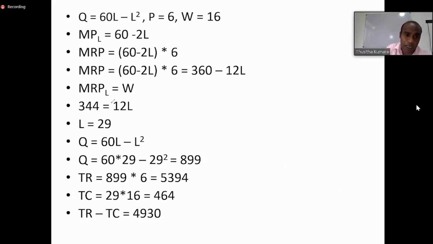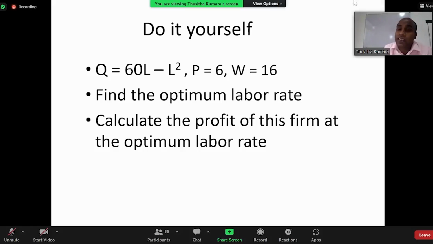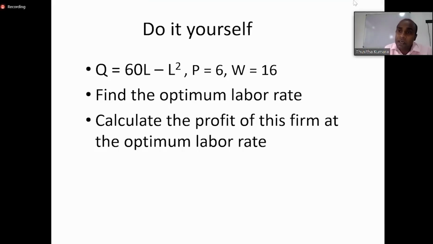The calculation part up to L equal to 29 is clear. Then calculate the profit of this firm at the optimum labor rate. What is the profit at the optimum labor rate? Now we know the optimum labor rate is 29. This firm should hire 29 labor units given the price of the product and the wage rate. Of course, when you change the wage rate and the price of the product, this may change.